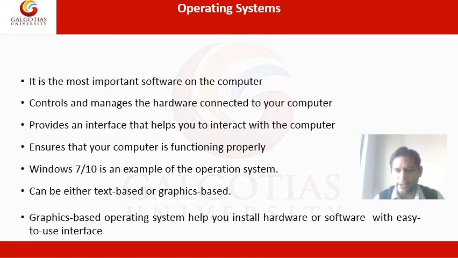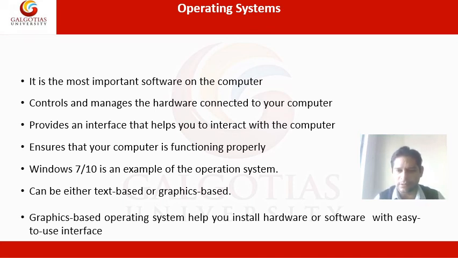So Windows is a brand of Microsoft, but other than Microsoft there is another category of operating systems called open source operating systems. Open source operating systems are free of cost, and they are available on the internet for downloading, whereas Windows you have to purchase.